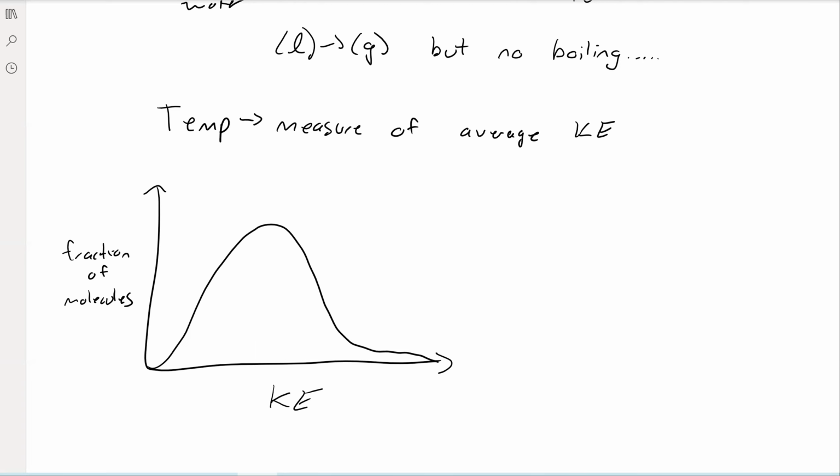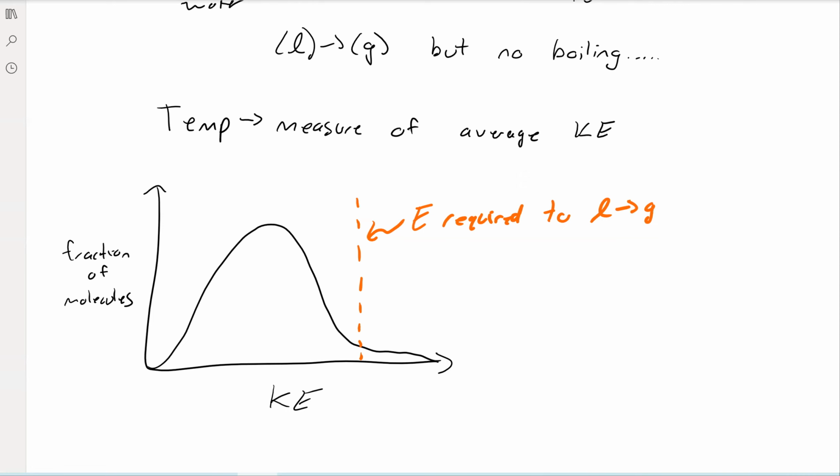But what you can see is that there's some that have a much higher level of kinetic energy. And then we can arbitrarily draw a line somewhere down here, and we'll say that this is the energy required to go from a liquid to a gas.